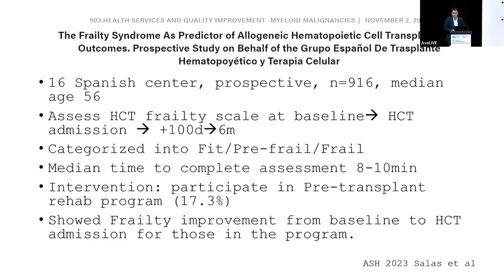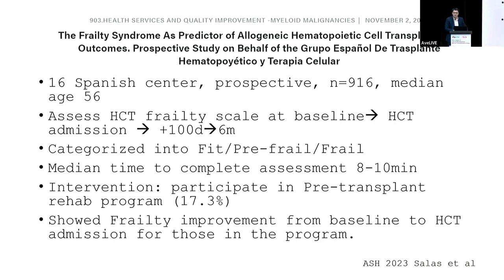So how about a multi-center prospective study with an intervention arm? This was presented at ASH last year: 16 Spanish centers with a median age of 66 years old, and 900 patients. They assessed the patient frailty scale at baseline, followed during the transplant admission, and up to 6 months.